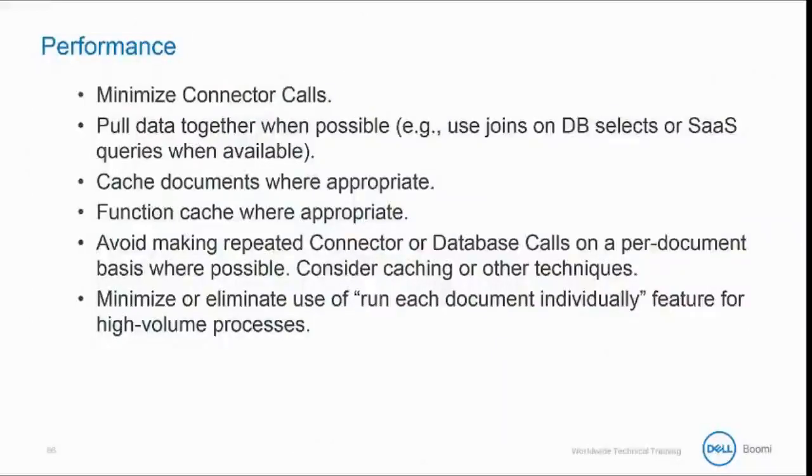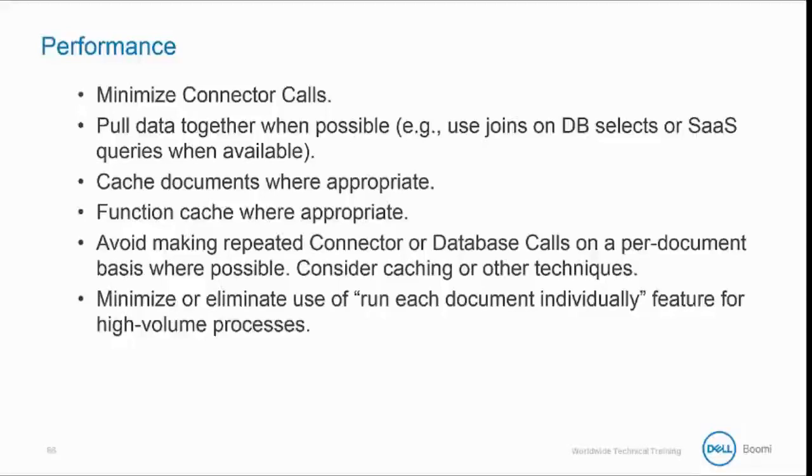Some best practices regarding performance include minimize connector calls, pull data together when possible, cache documents where appropriate, function cache where appropriate. Avoid making repeated connector or database calls on a per document basis whenever possible.